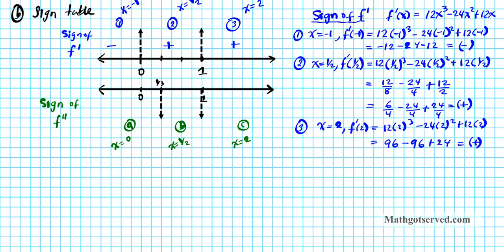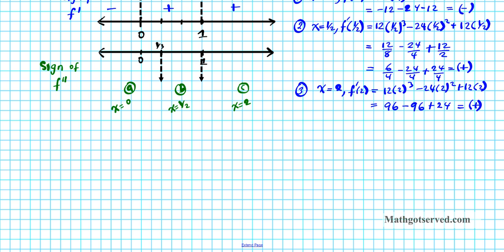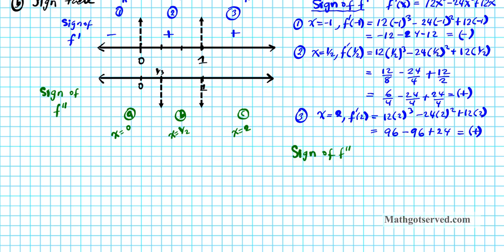Okay, so what we're looking at now is the sign of f double prime. It's good for us to know what the function that we're dealing with is, so we don't get confused. So let's just write it. f double prime of x is equal to 36x squared minus 48x plus 12.